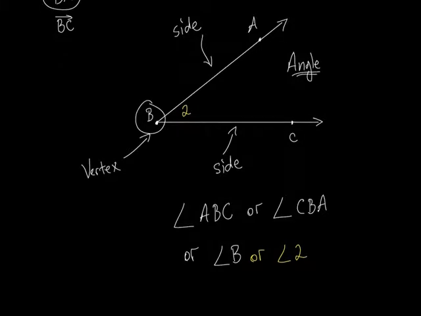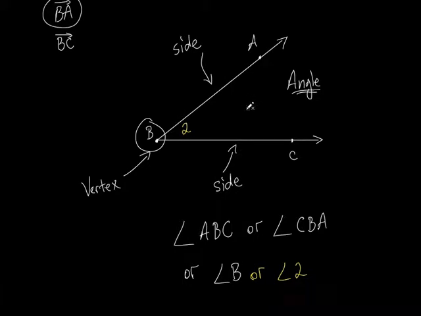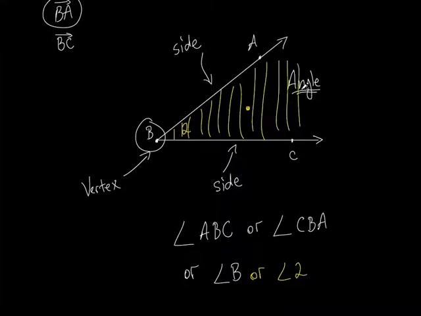I didn't hit this in the last class. This isn't that big of a deal, but if I had a point right here, do you think that point's inside the angle or outside the angle or on the angle? Really? When I think about the angle, I'm thinking all this stuff between the two rays. I would think it's inside the angle.